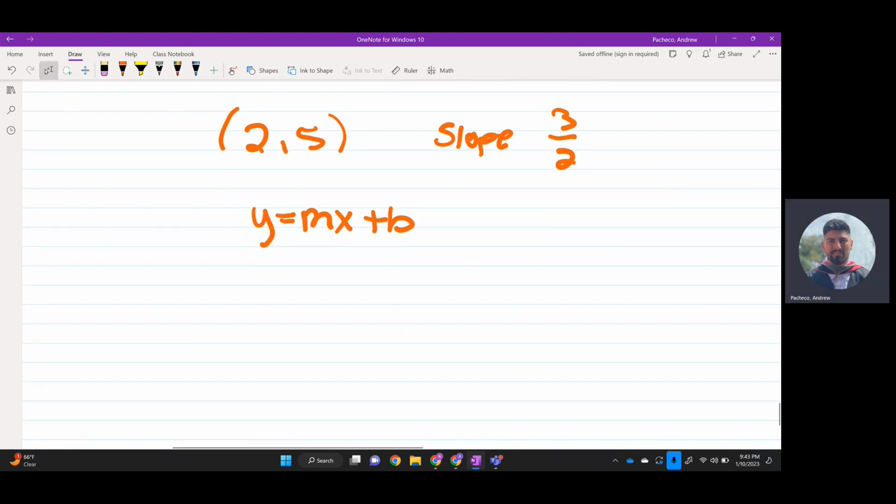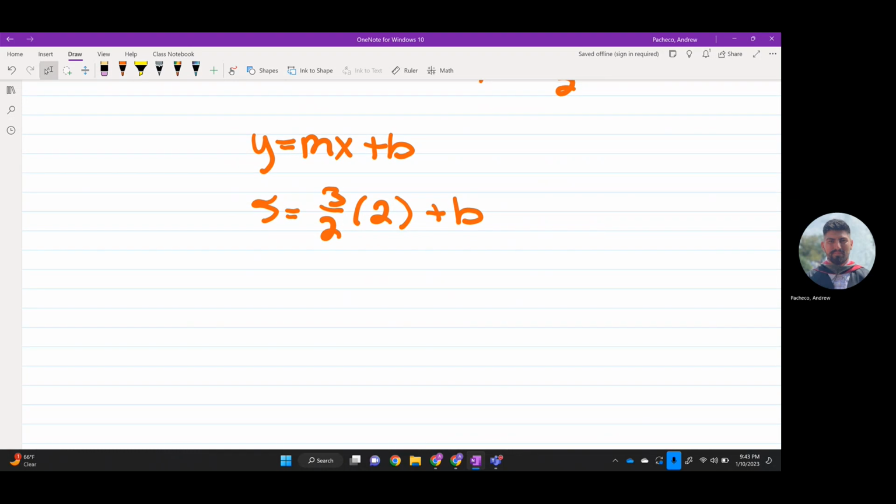So we're going to put in m for our slope, 2 for our x, and then 5 for our y. So we have 5 for y, 3 over 2 for our slope, 2 for x, and we're trying to solve for b. 2 times our fraction is just going to get rid of that denominator.